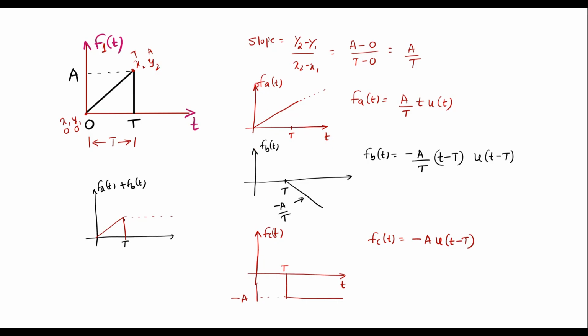Now let me represent f1 of t. Therefore, f1 of t equals fa of t plus fb of t plus fc of t.